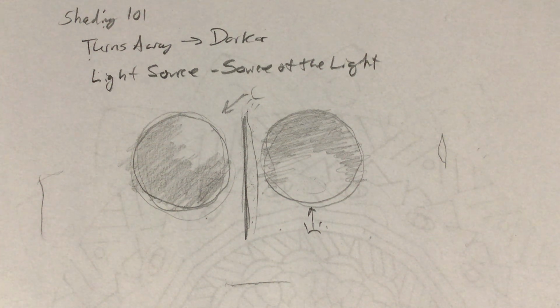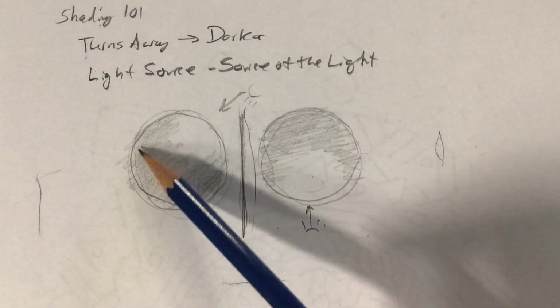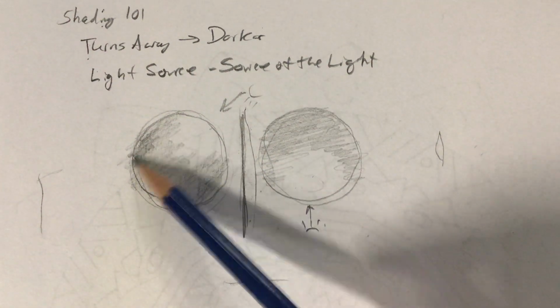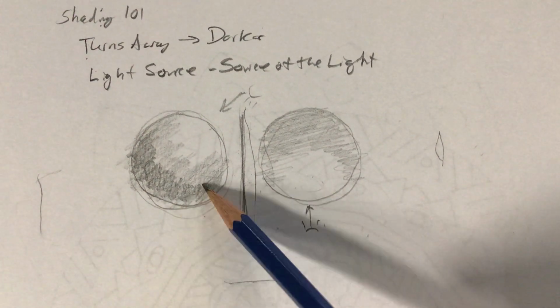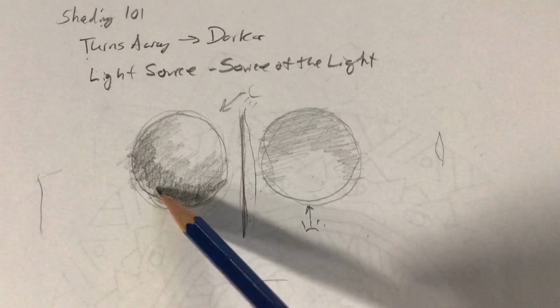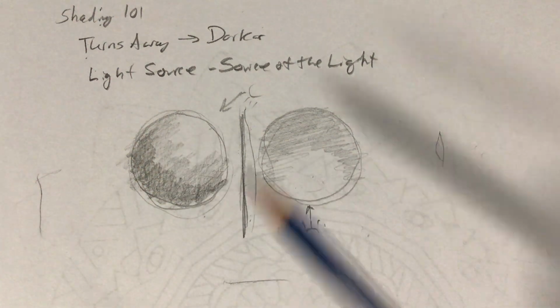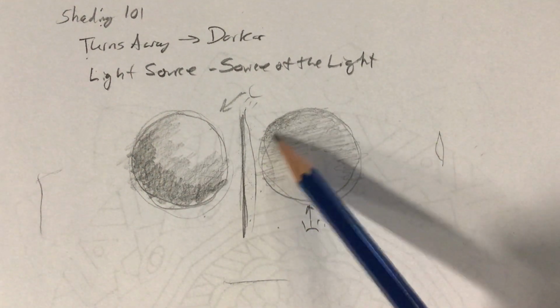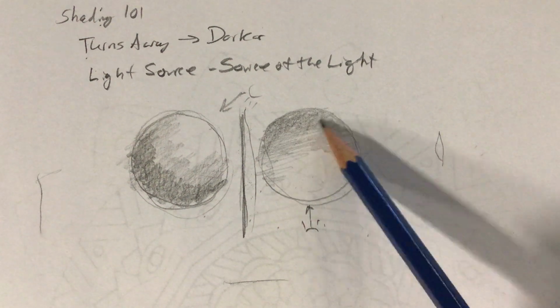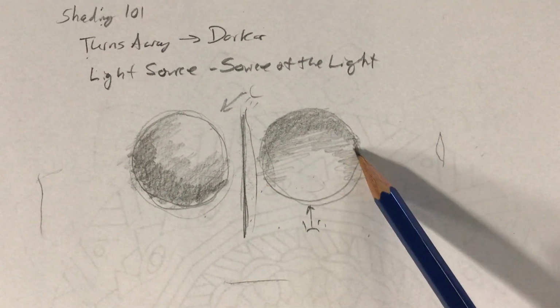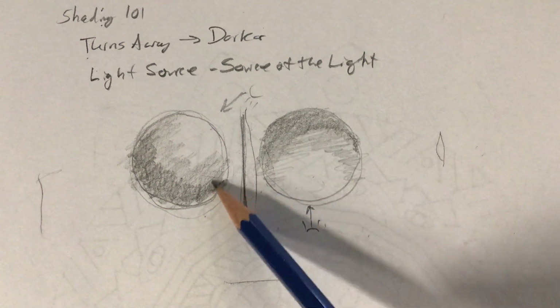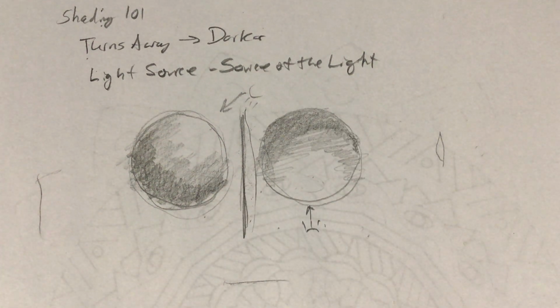But since it's turning away, it's going to get darker. Same with up here. As it turns away, it gets darker. We're mimicking the shape of the object, which in this case is a circle.